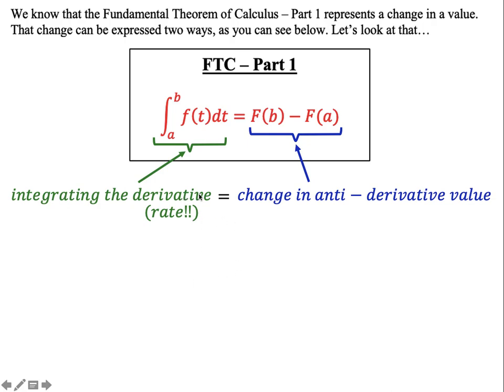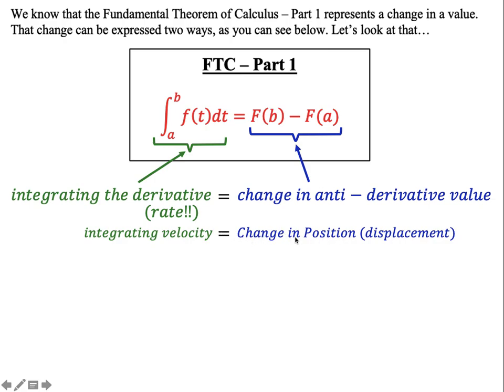Okay, back to the notes. We know that the derivative is a rate. So what we're going to focus on with these questions is making sure that the information we are given is a rate. To relate this back to motion, we could integrate velocity, because velocity is a rate, and that is equal to the change in position, or what we call displacement.